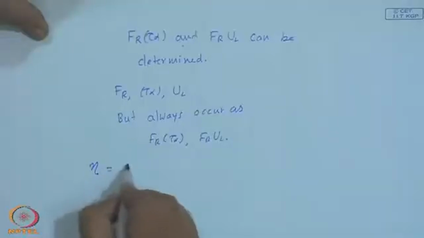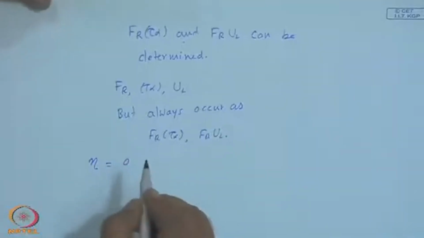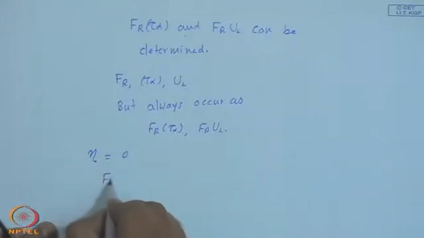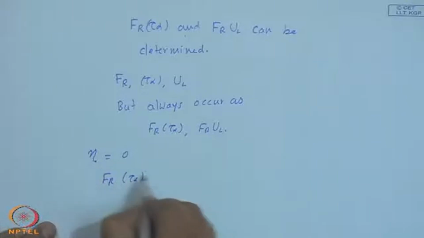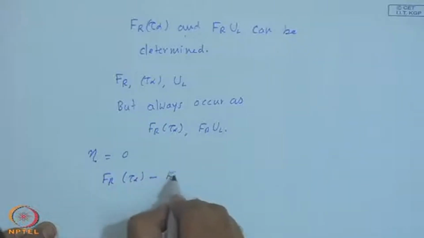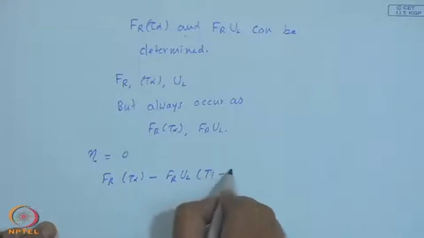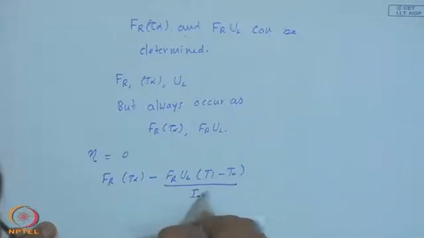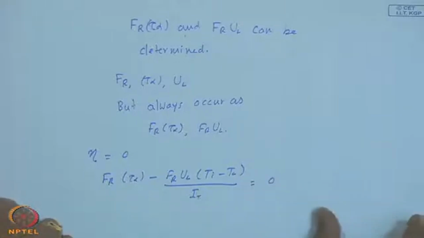Now, if efficiency is equal to 0, assuming that the line continues, it will lead to a certain value of I_T, that is, F_R tau alpha minus F_R U_L times (T_i minus T_a) by I_T equal to 0.